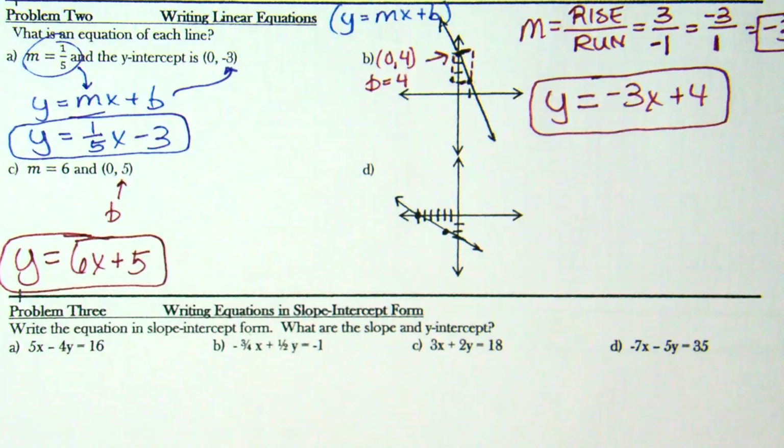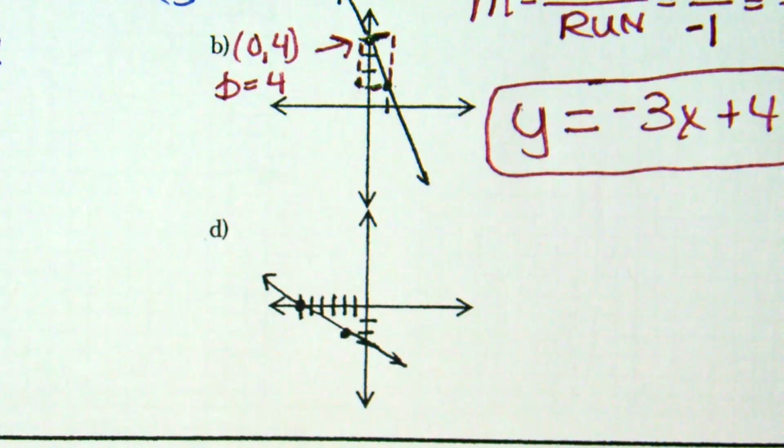Are we ready for the slightly more difficult graph? I say that just because the graph's kind of not drawn the best, but let's try it. You want to start with slope or intercept?